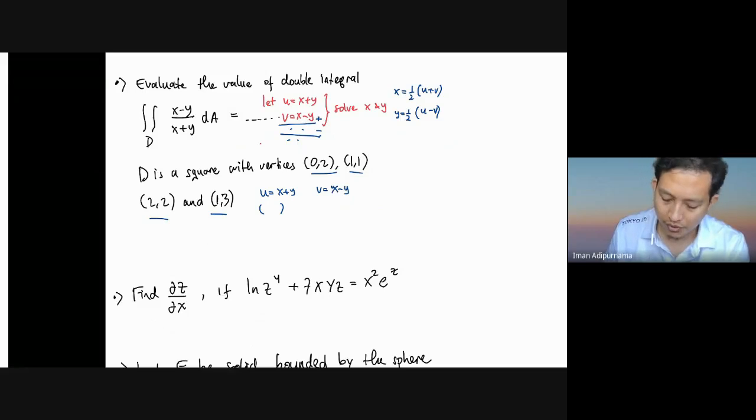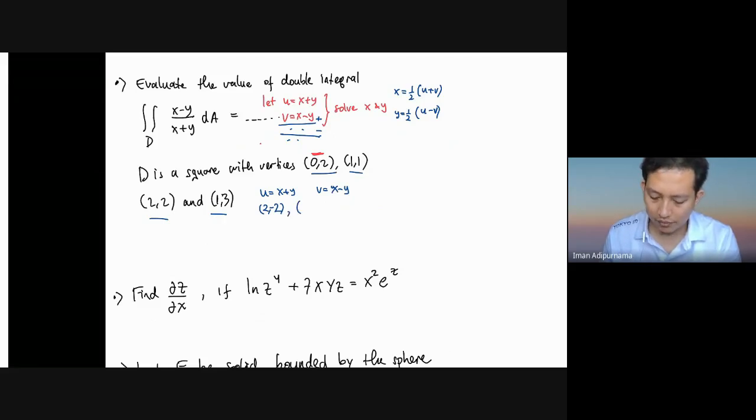So start from 0 and 2: plus becomes 2, 0 minus 2 becomes negative 2, right?